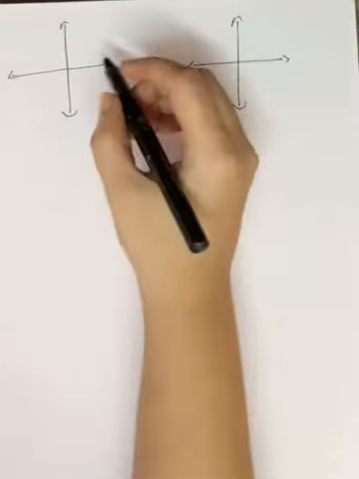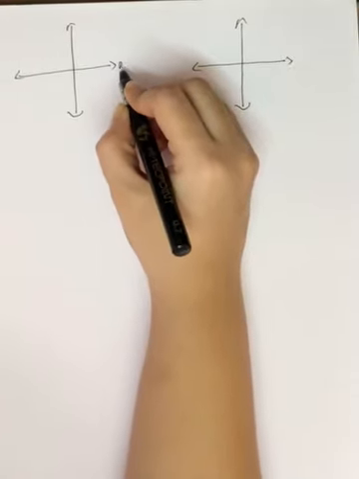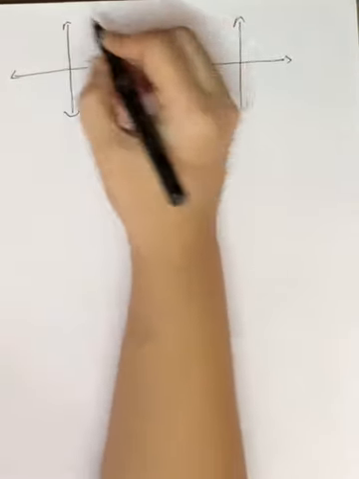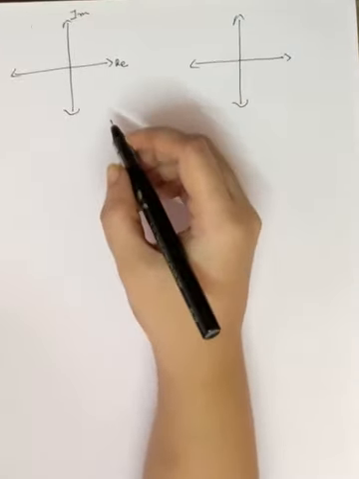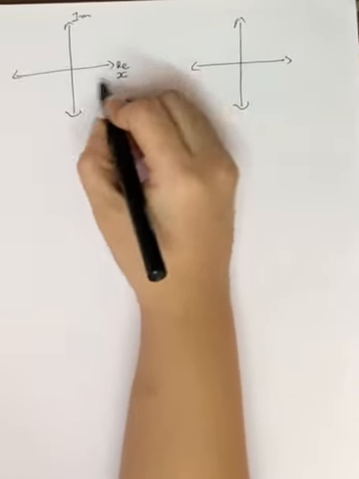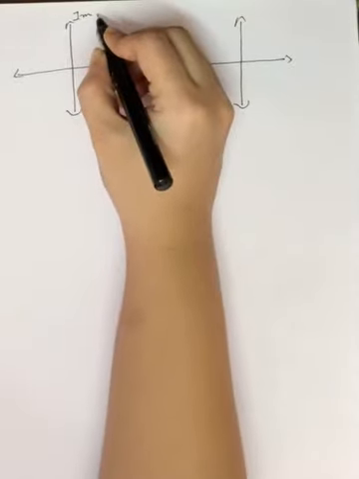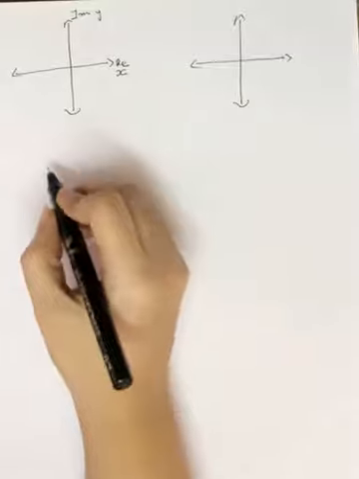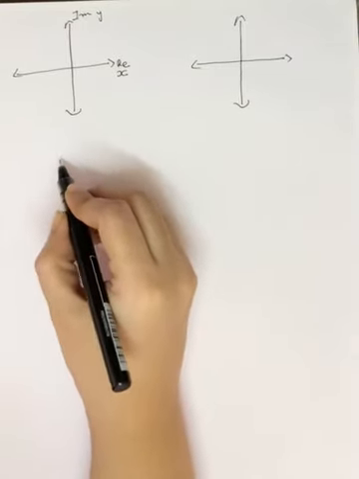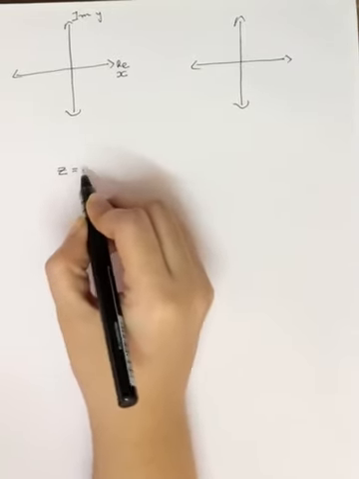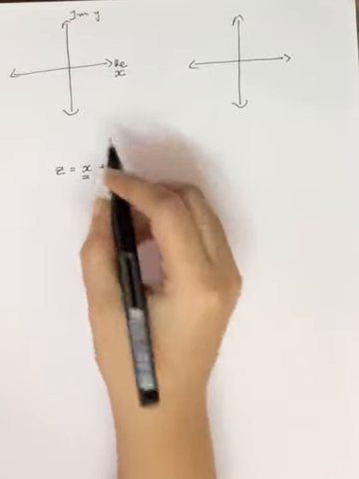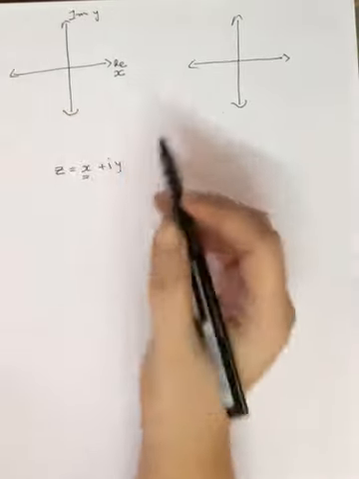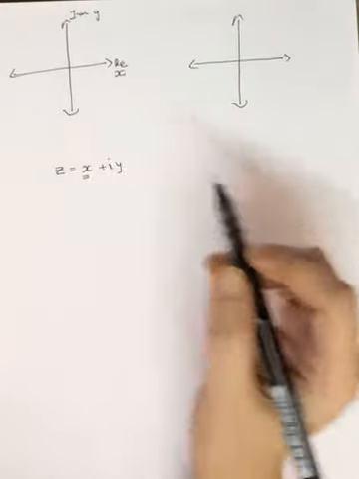In the complex plane, this is the real axis and this is the imaginary axis. The real axis generally holds the x coordinate, and the imaginary axis contains the y coordinates. Also, the complex number is defined by z equals x plus iy, in which the x coordinate is on this axis and the y coordinate is on this axis.